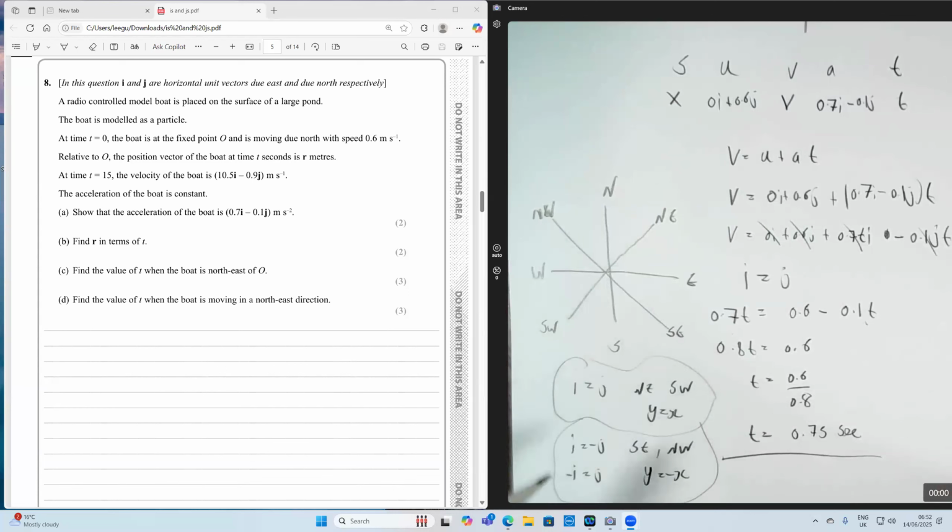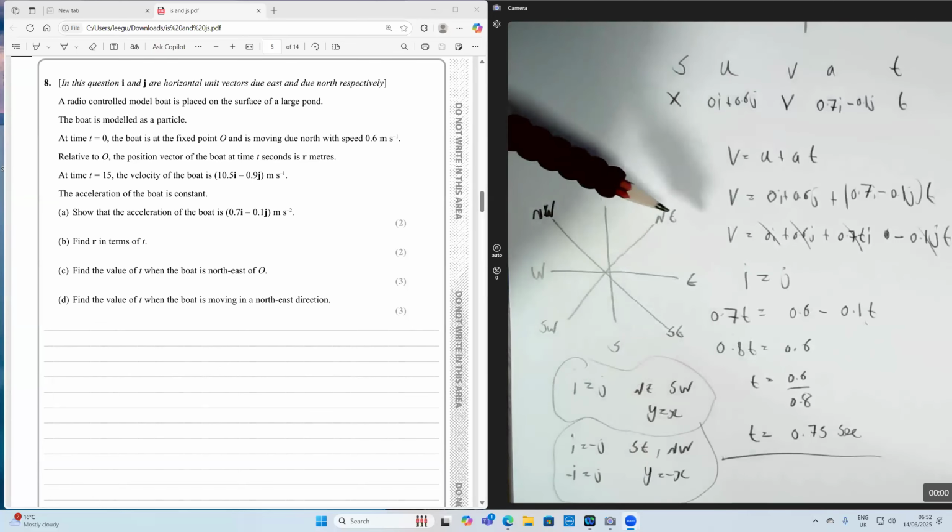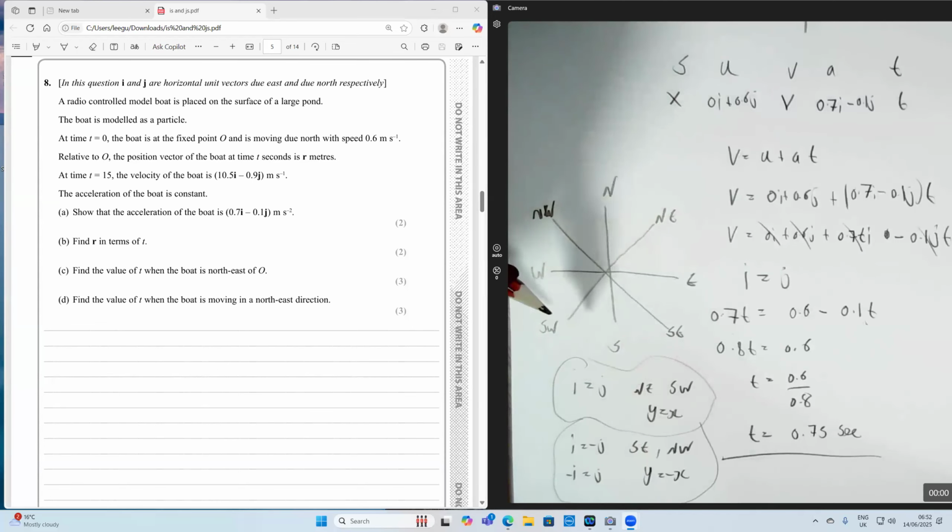We would follow the same approach, but we just take the i and make it equal to negative the j. That's how you would approach it if they'd said northwest or southeast. But because they said northeast, it was just i equals j. It's also good to know that if they mix it up and say southwest, that also means i equals j. I hope that you found that helpful, and I will see you in the next video.